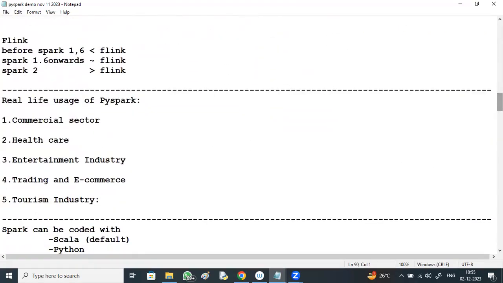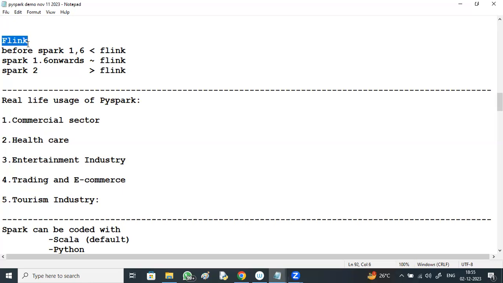There was one more product, right? The Apache Software Foundation introduced Flink. Flink was another product introduced by the Apache Software Foundation.